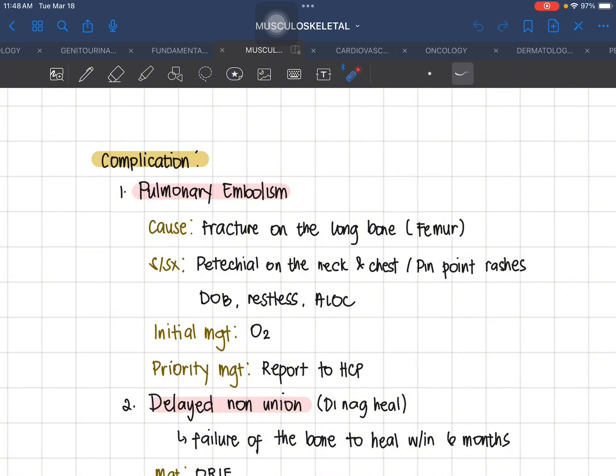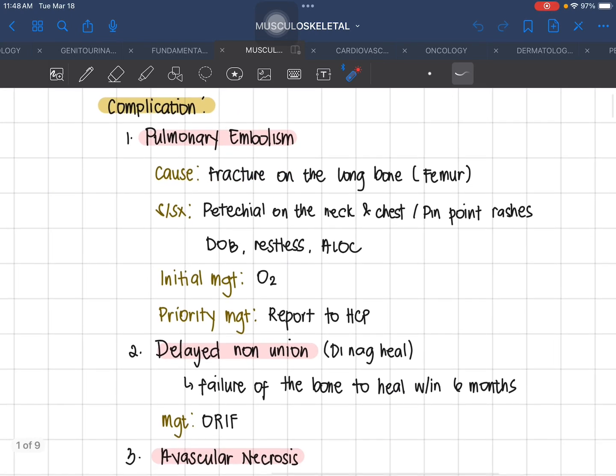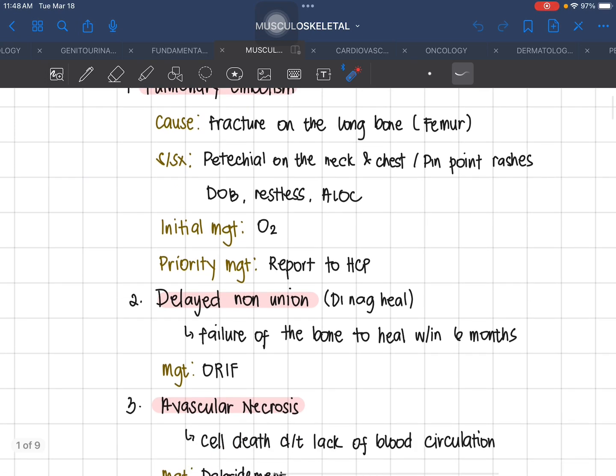Direct tayo sa O2 kasi nasa pulmonary embolism ka na hindi na binabanggit yung fracture. So, pero ang priority management natin, of course, is to report to healthcare provider. Initial lang si O2. Kapag nakaka-experience na siya ng mga ganyan, DOB yan.